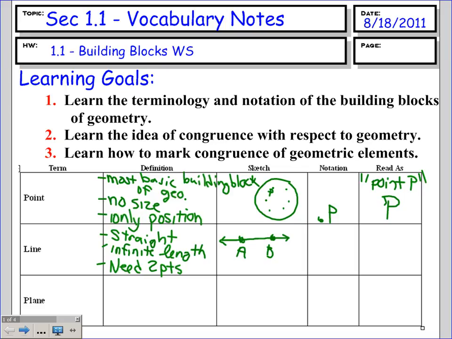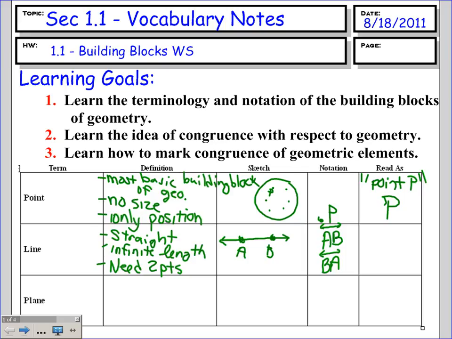You will see this written out in one of 2 ways. It says AB or BA. They're going to be the same. But the idea is this is a line, so we need to specify that it's a line. What they'll do is draw a line symbol with the 2 arrows on top. So it could either be BA or AB. If you read it from this way, this is AB.